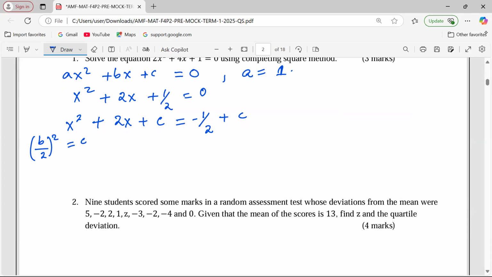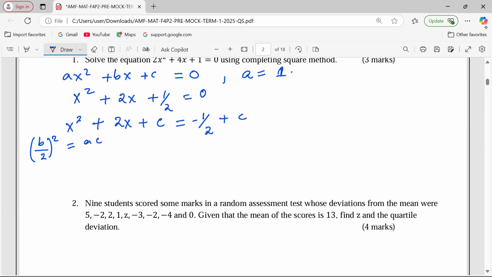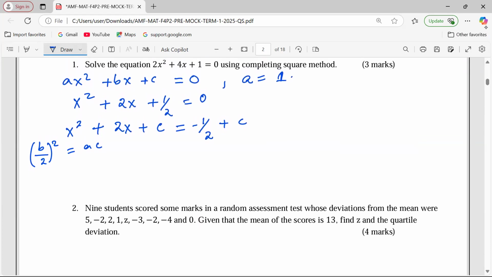Remember, it should be c times a, or AC, but now the value of a is automatically 1 here. So we don't even have to multiply there. Actually, the general relationship should be AC, but it's good to know that the value of a is already 1.